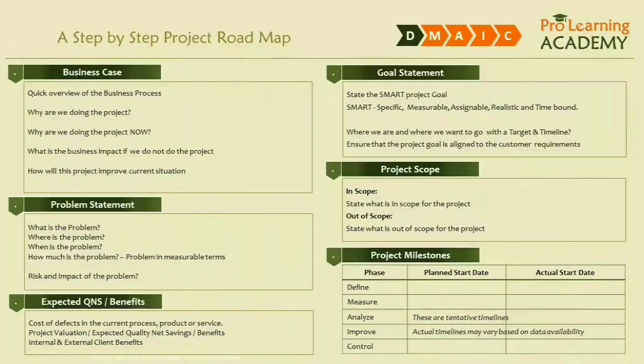And we will look at that cost of defect, cost of quality, and how you will calculate the cost in the third slide. But here on the project charter, you should be able to tell how much you would be able to save, or what the expected net savings would be, and what benefits you would be able to deliver to your internal and external clients.